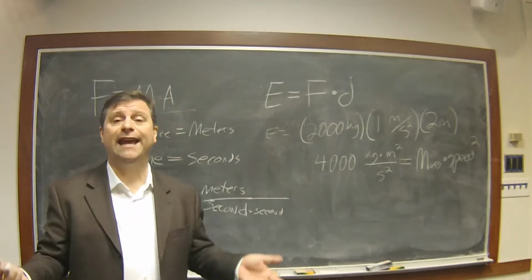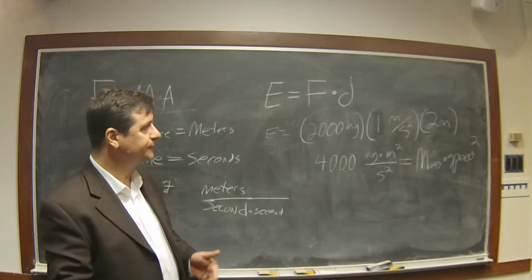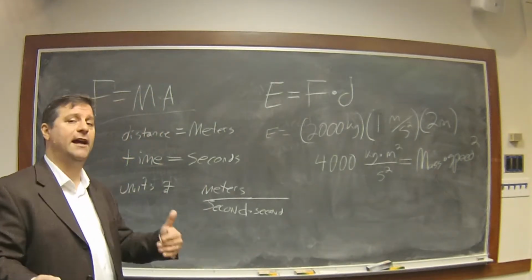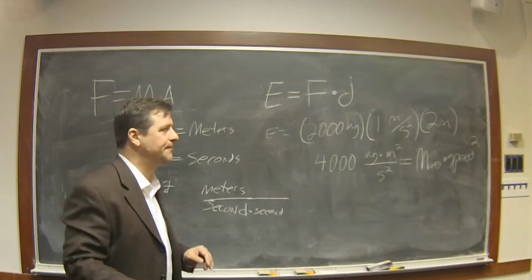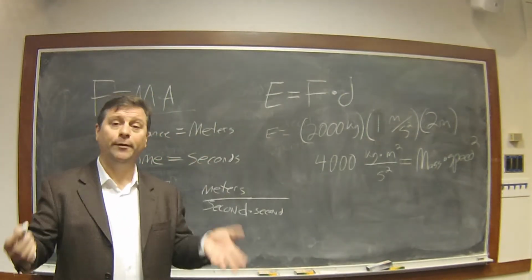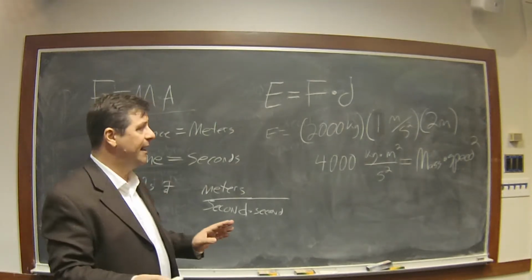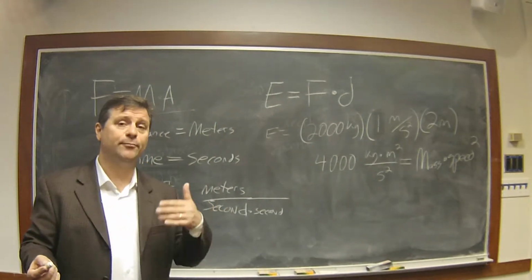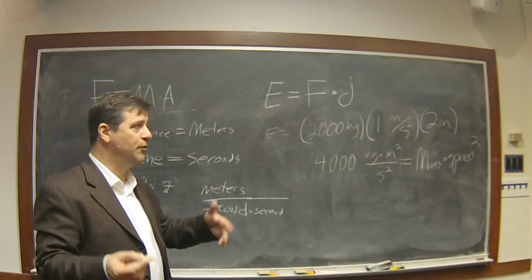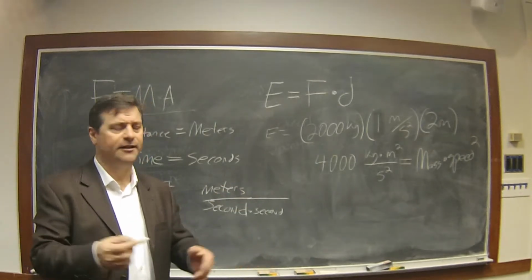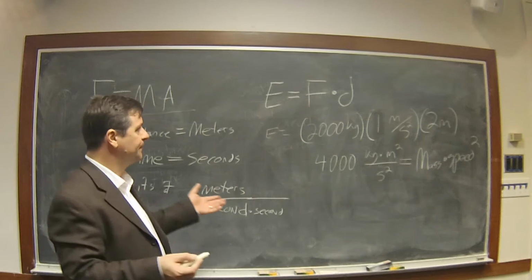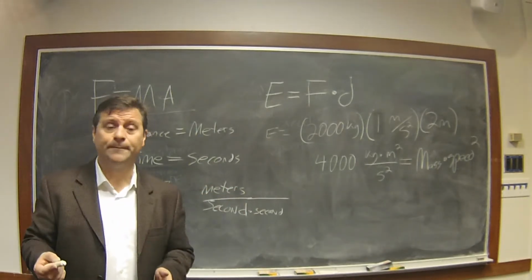So let's assume at the end it was going 1 meter per second. So let's say it's going 1 meter per second, and that's the total energy it ends up with. And so its speed squared is 1 meter squared per second squared, times its mass, which is 2,000 kilograms.